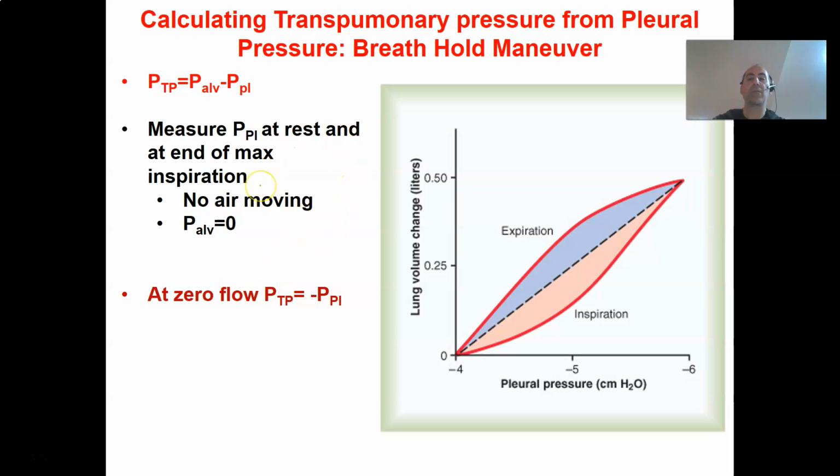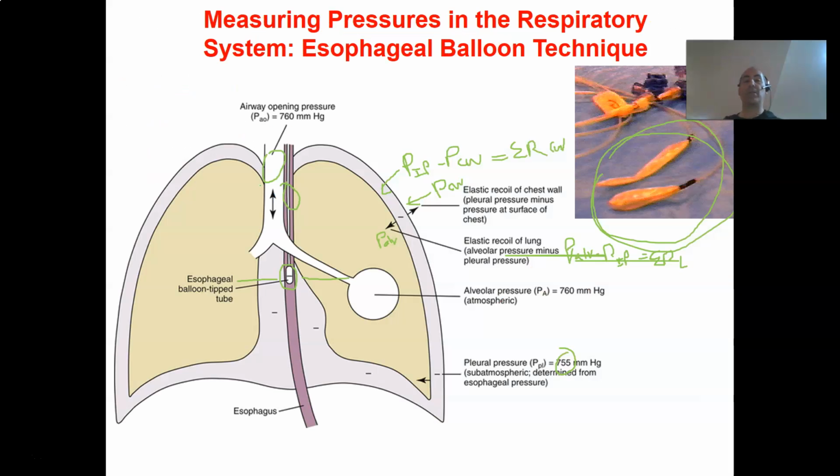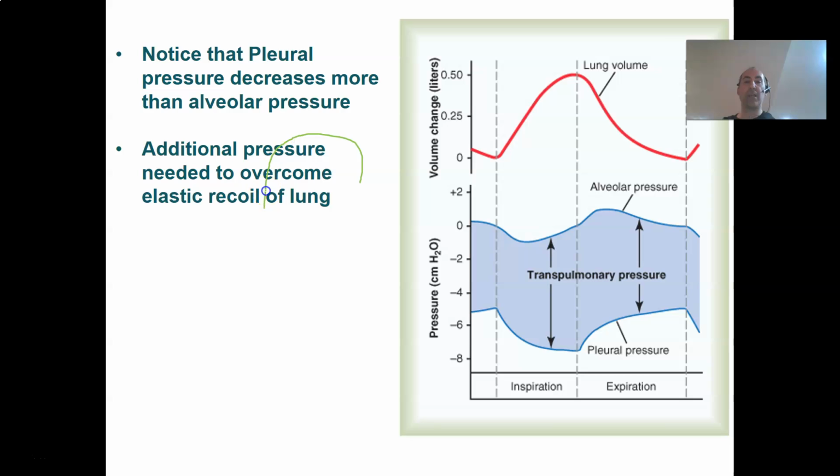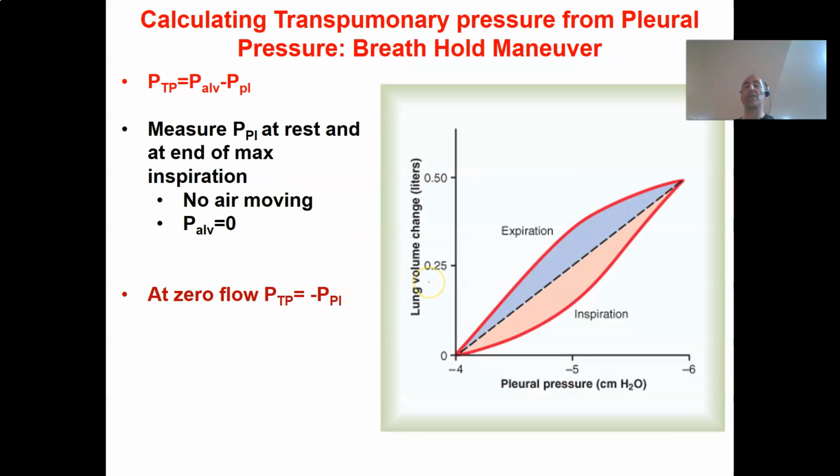Another important graph that starts to get at more of these equations, that help you understand this graph, is in this slide. This slide is titled Calculating Transpulmonary Pressure from Pleural Pressure, doing what's called a breath hold maneuver. It's important to memorize these equations.